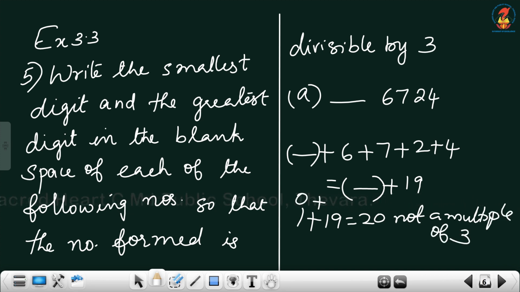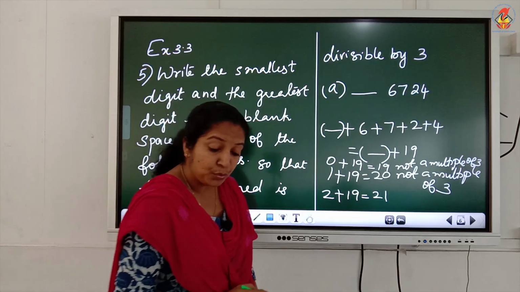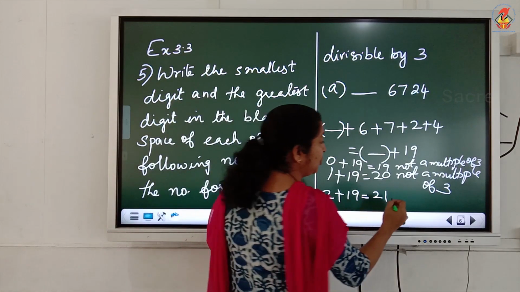So, what we first added is 19 plus 0 is 19. Not a multiple of 3. Then go for the next digit. 2 plus 19 is 21. Is it a multiple of 3? Yes, it is a multiple of 3.